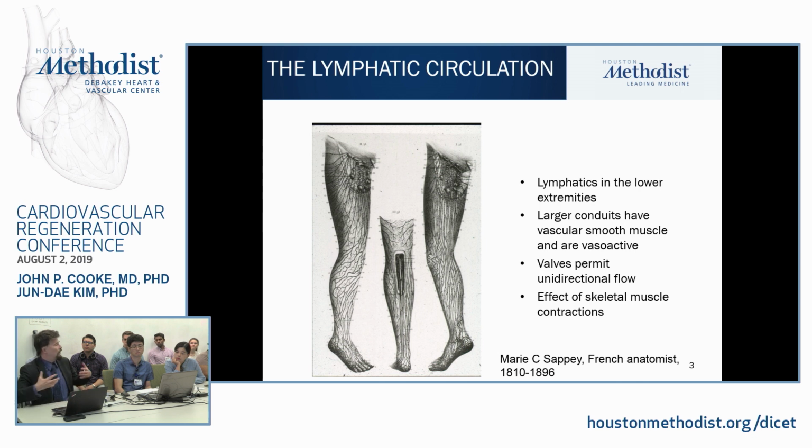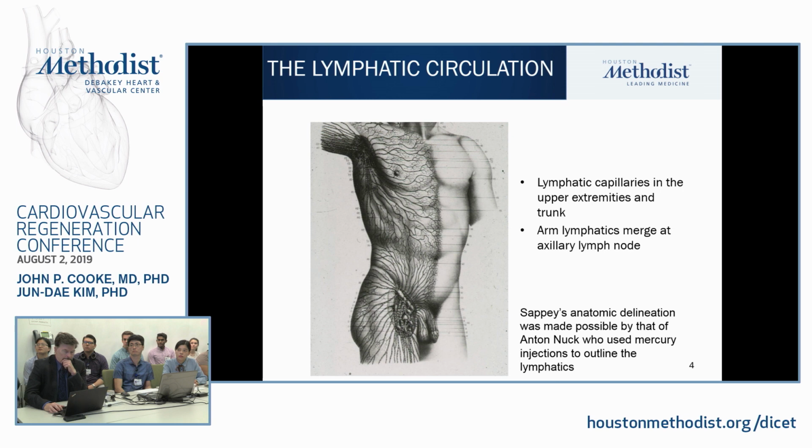And in the thoracic area, the negative pressure generated by inspiration will drag fluid up into the thoracic duct and into the left subclavian vein. These beautiful anatomic delineations of Sappey were made possible by Anton Nuck, who used mercury injections to outline the lymphatics. That was the first person that did that.